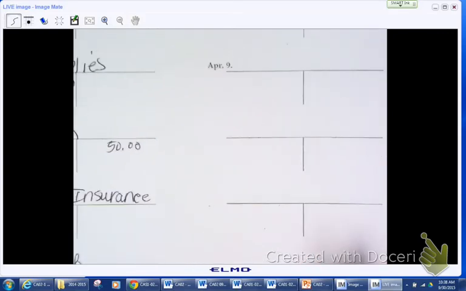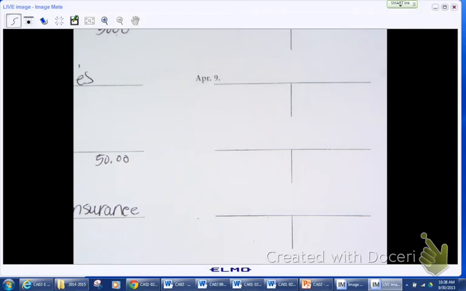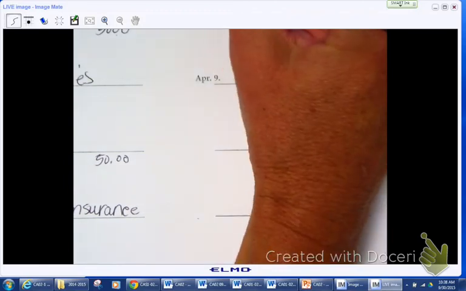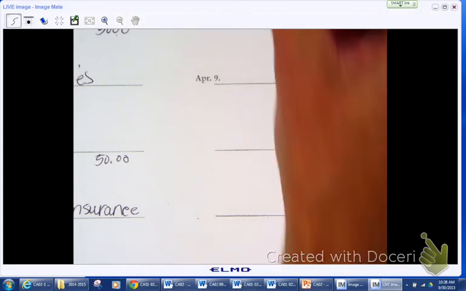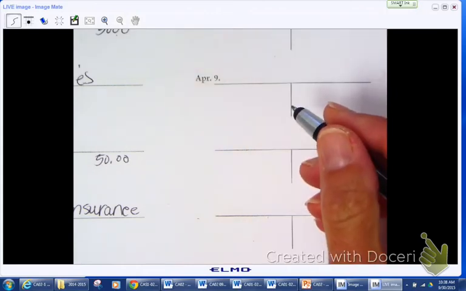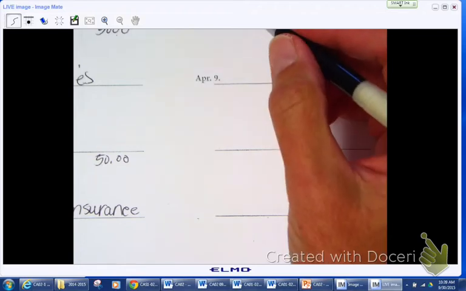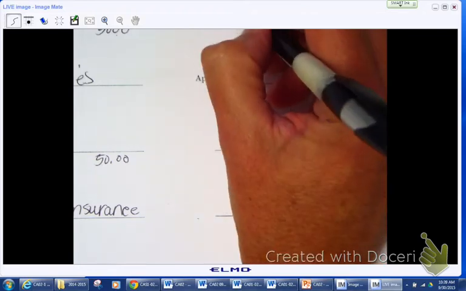My next transaction. Bought supplies on account from Bales Supplies, $100. What are the two accounts that are affected? My supplies, and then accounts payable, Bales Supplies.